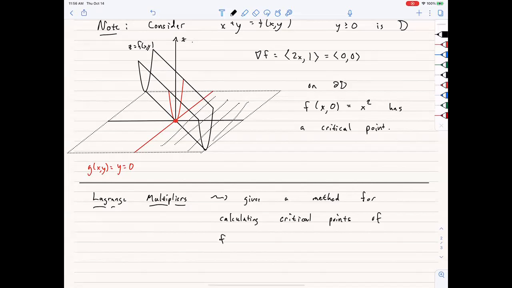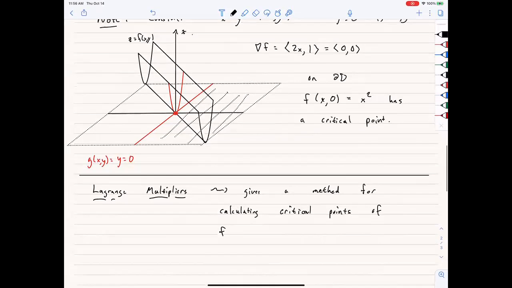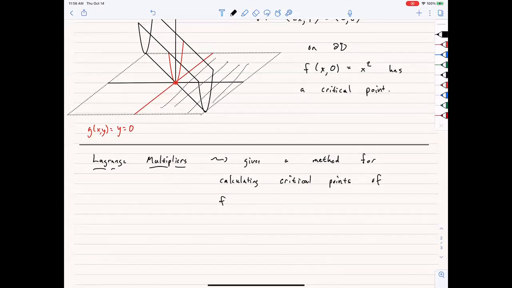Lagrange multipliers works in arbitrary dimensions, but we are going to focus on 2 dimensions today. Of a function f(x,y) restricted to a constraint. So the set of (x,y) satisfying an implicit equation g(x,y) equals 0. In other words, we're on a level curve of g.